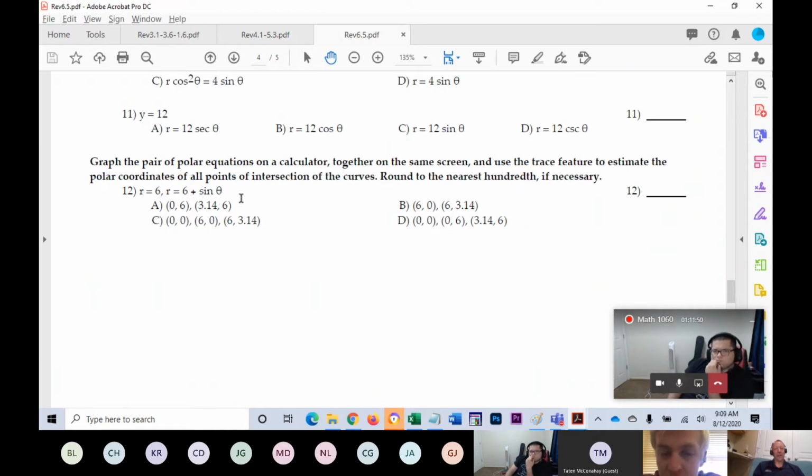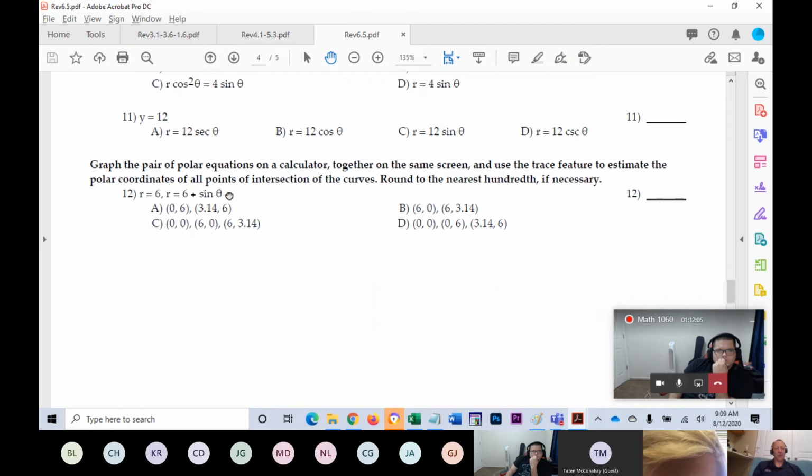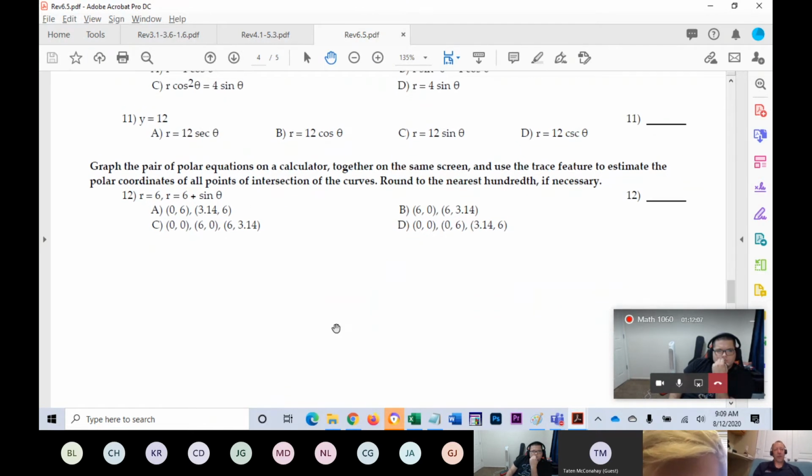You can solve that without a graphing calculator. You do not need a graphing calculator. You should be able to solve these polar coordinates without a calculator at all. That's why I put it on there. I didn't notice the directions said the graphing calculator.